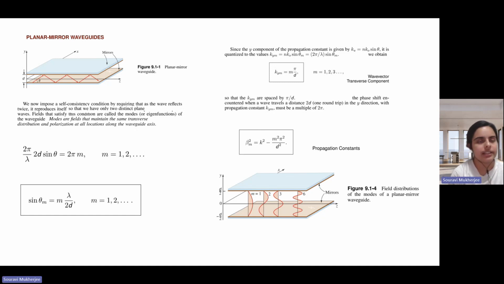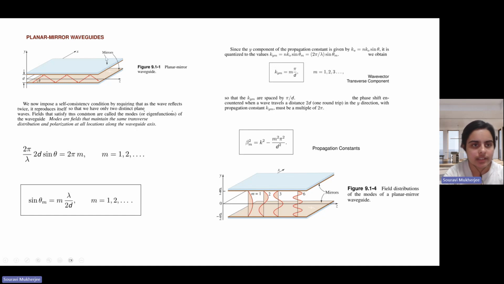But the parallel, or planar, waveguides are also very useful when you talk about transmission on chips. These waveguides can allow transmission in terahertz frequencies. So it's very useful.